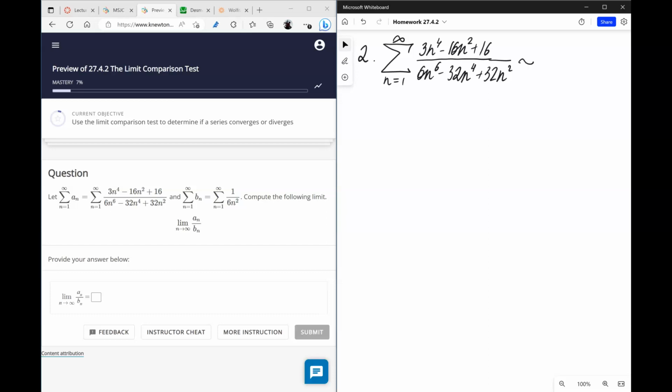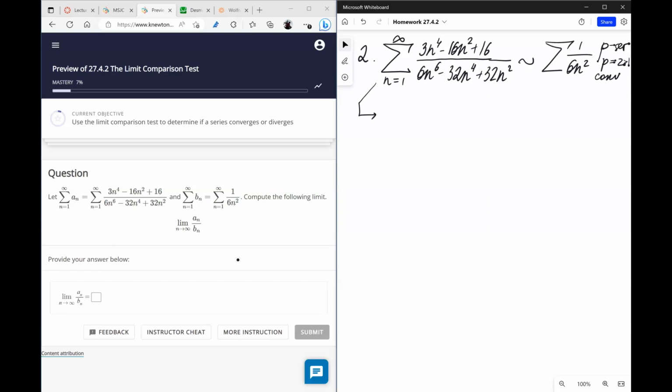And we are comparing it with this series, which is a P series with P equals 2, which is greater than 1, therefore it converges.